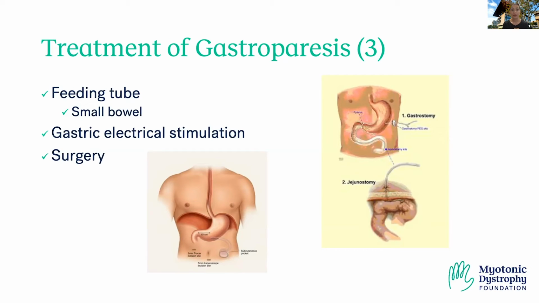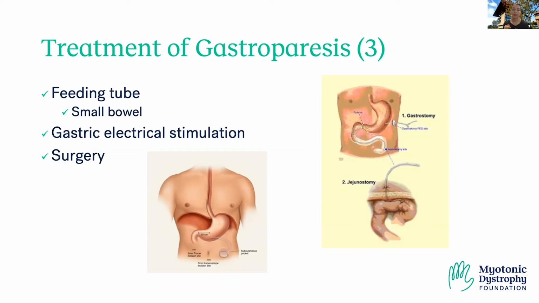The other good surgery in some people for prominent nausea is a gastric pacemaker. A gastric pacemaker is surgically implanted under the skin near the stomach. There are two leads, electrodes, that are placed in the stomach.